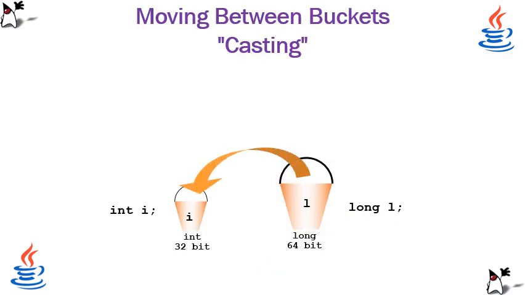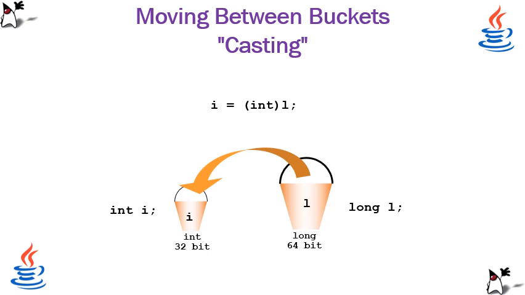See here, I am assigning the value stored in the variable l of type long to i of type integer. See, l contains a larger value than i can hold. So when I do this, I will definitely lose data.